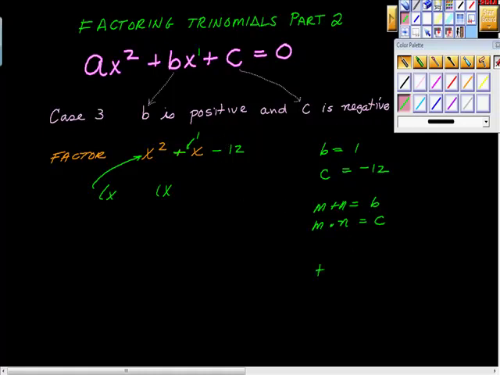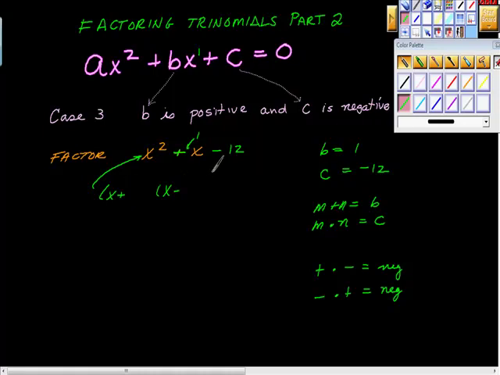Either we have a positive times a negative, which is equal to a negative, or a negative times a positive, and that's also equal to a negative. So it doesn't matter what order I put them in for now, in the case where a is 1. So I have x plus something and x minus something.